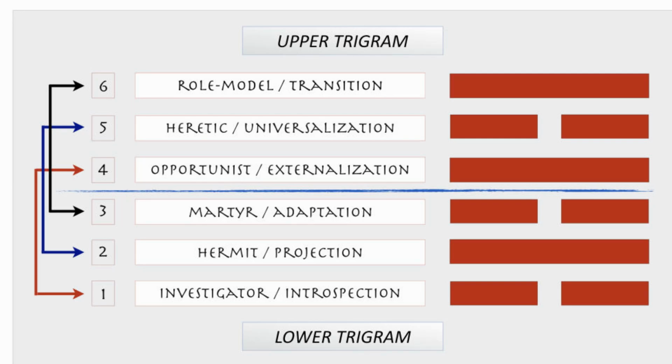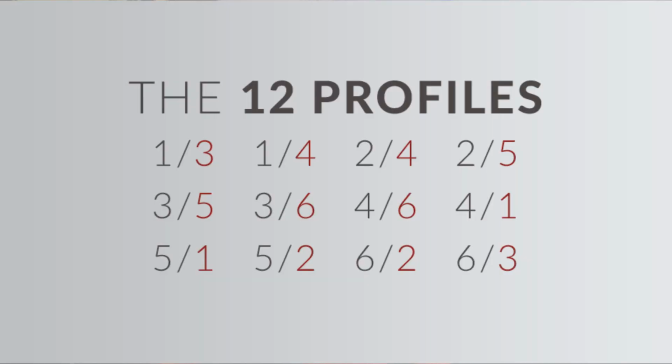So there are 6 lines, 1 to 6, and with regards to these 6 lines, you combine them together to make 12 profiles. In the next video that I'll upload after this, which is going to be part 2, I will talk about the 12 profiles and then my own personal experiences.